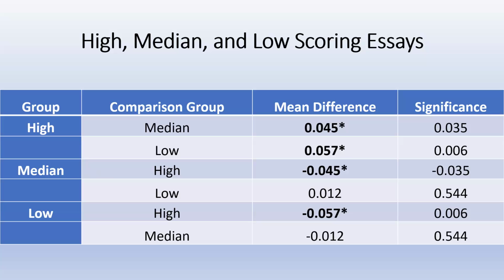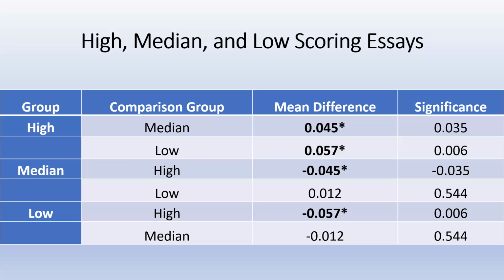So we decided to think about what is causing these high-scoring handwritten essays to be judged to be AI generated, whereas these other essays are not. So we decided to look at specific linguistic features in high-scoring essays and low-scoring essays.